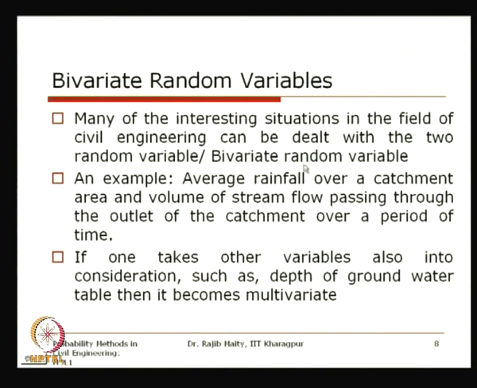The rainfall that has occurred over a catchment and the stream flow for that time that has passed through the outlet can have some association to each other, and if we want to analyze these two simultaneously, then we get a bivariate random variable case.